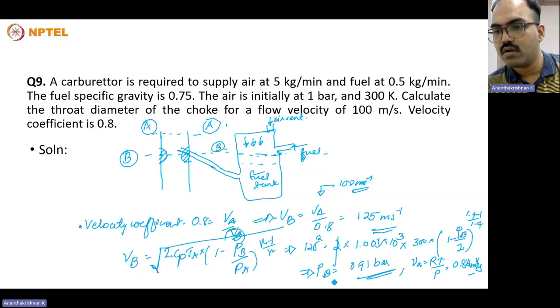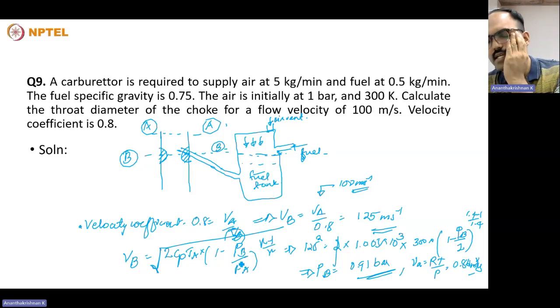VB is equal to the root of, that is the steady flow energy equation between the points A and B, with a small twist in terms of the pressures at the points B and A. Normally in the case of nozzles, we write the velocity at the exit as the root of 2000 into the change in enthalpy, right?